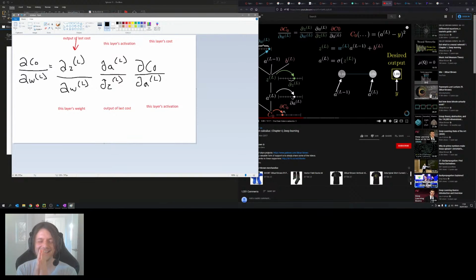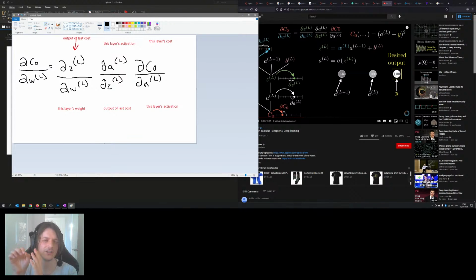Okay, so the last cost is a ratio of the weighting of this layer, because the weighting of this layer is going to skew that last cost, and then it's proportional because it's multiplied. Proportional, is that right? I think that's the right word.